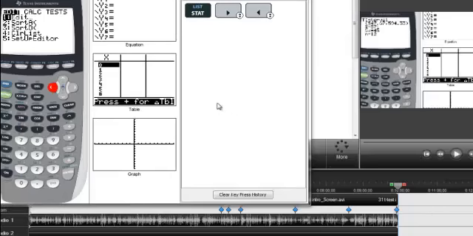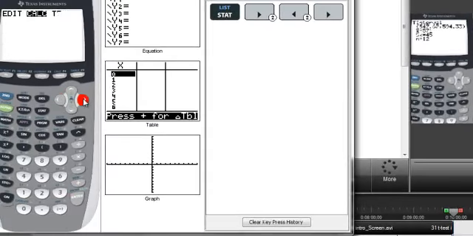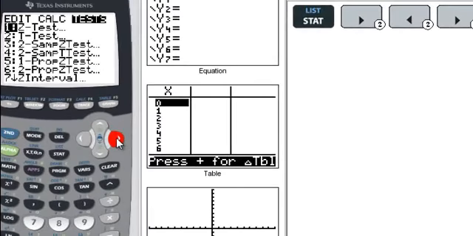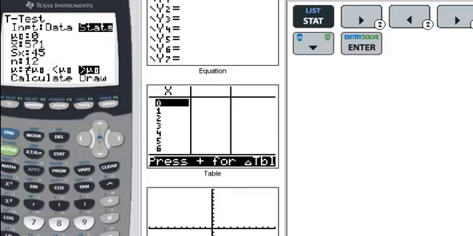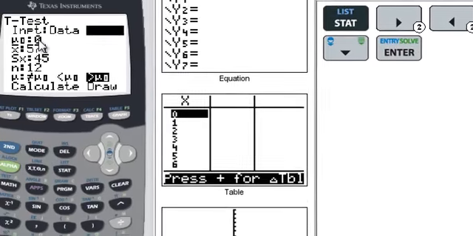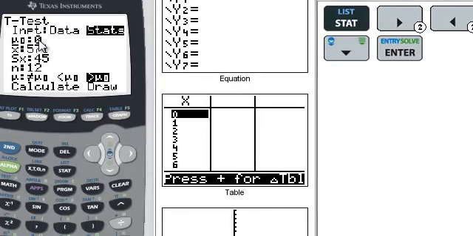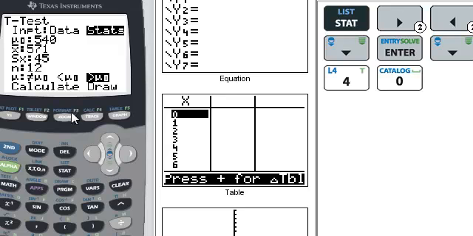Stat tests. And now we'll do a t-test. Our data is already sitting there. Our null hypothesis mu naught is 540. We have our x bar, our s, sample is 12.